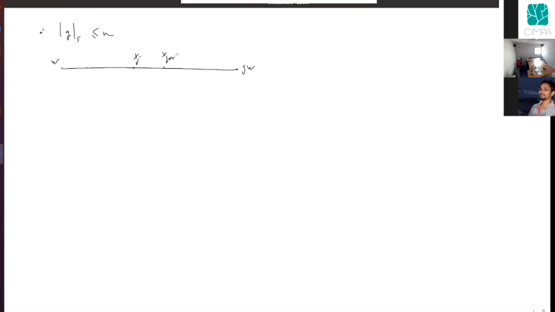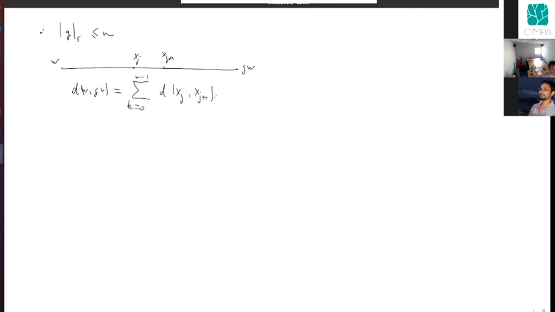The first thing that I can say is that if I look at the distance from W to G of W, because I'm on a geodesic, it is the sum over k equals 0 to n minus 1 of the distances from xj to xj plus 1.